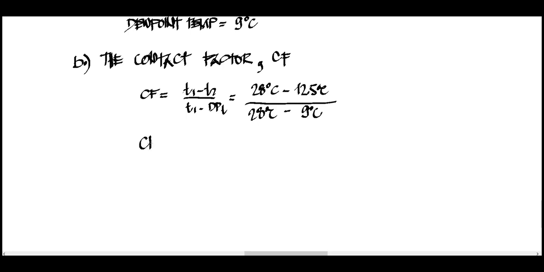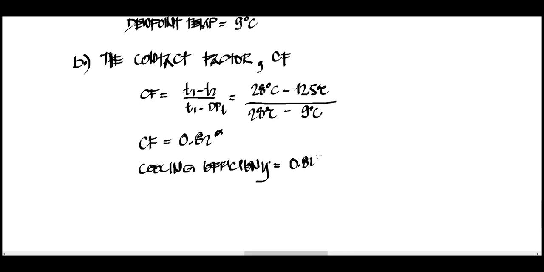Then we have the value of your CF is equal to 0.82. So the cooling coil efficiency will be 0.82 times 100.